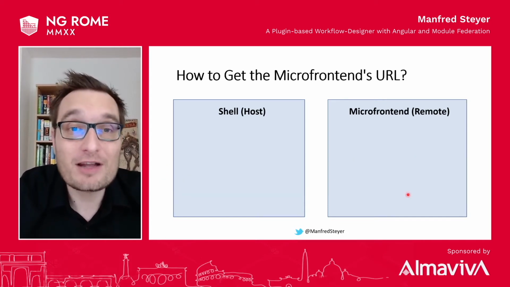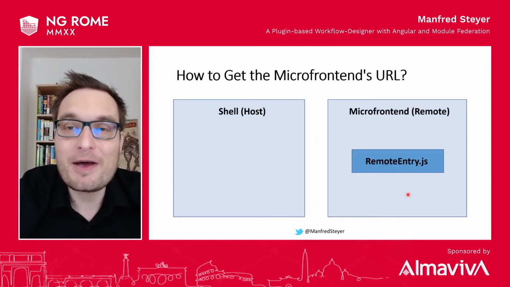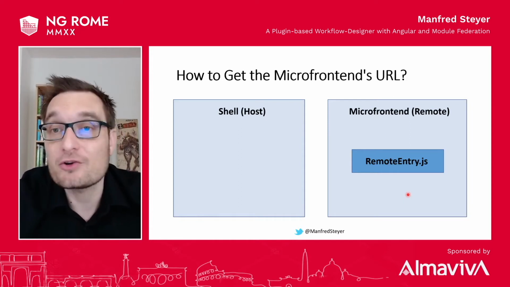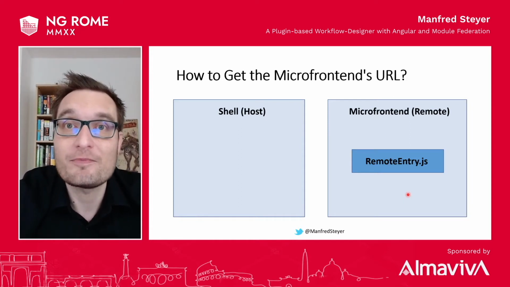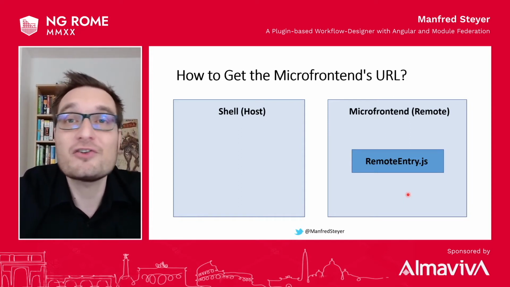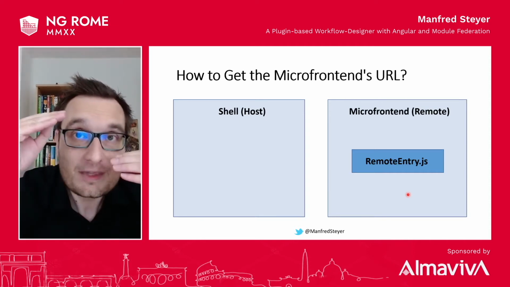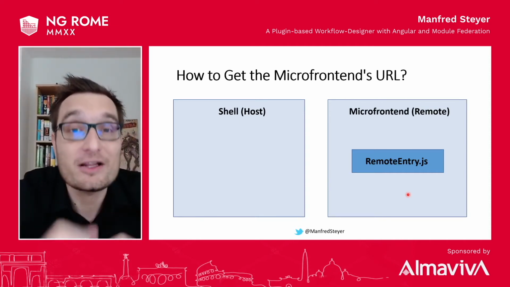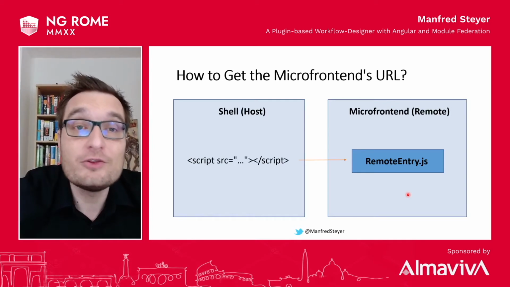Perhaps you're wondering now how the shell finds out about the URL of the micro frontend. And well, for this you need to know that Webpack is creating a remote entry for the micro frontend. A remote entry which is just a tiny file, just a tiny amount of bytes you should load into your shell.